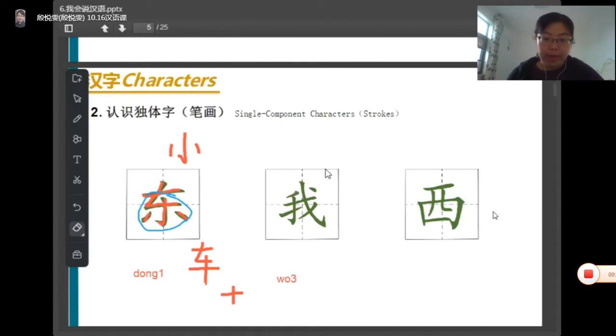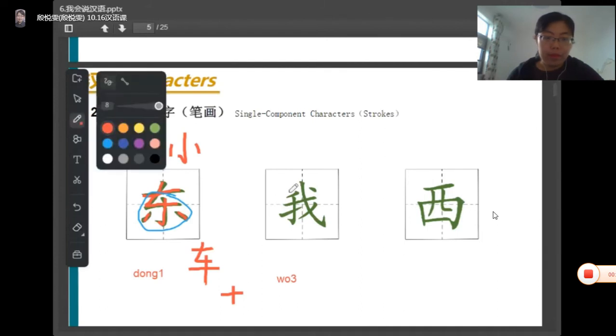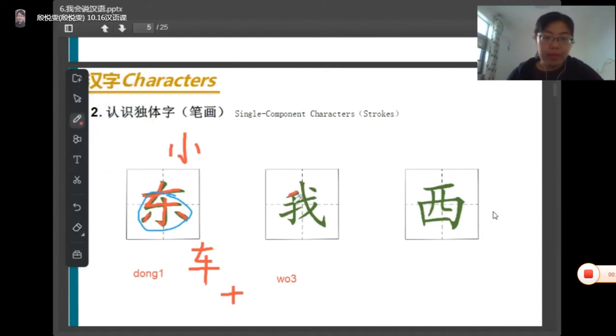Let's write it again. 撇, very short, and then 横, 竖钩, 提, 卧钩.